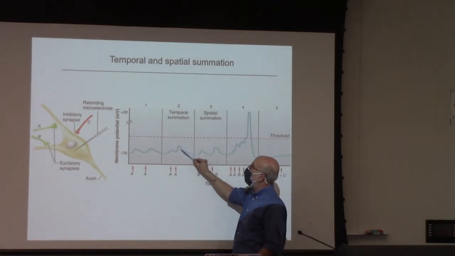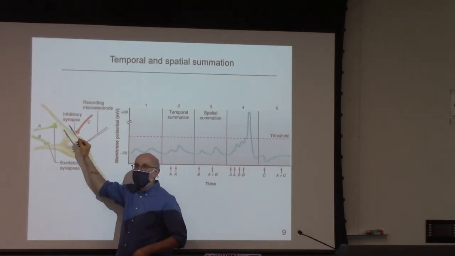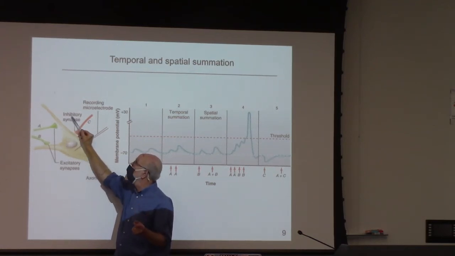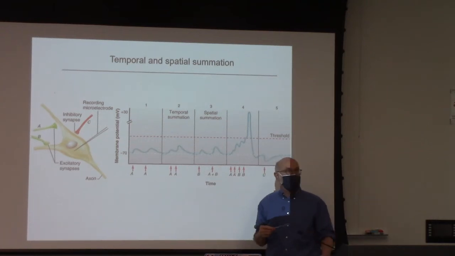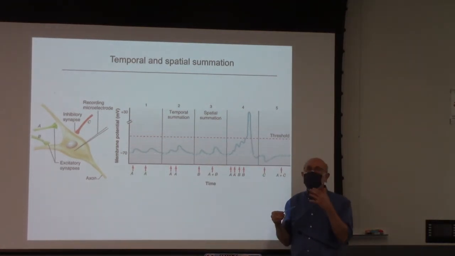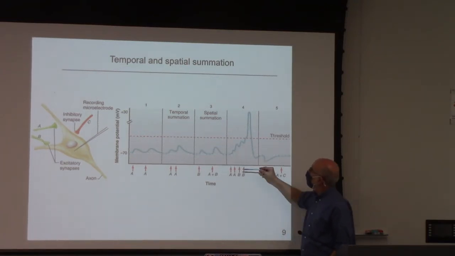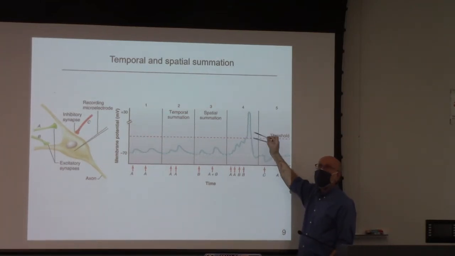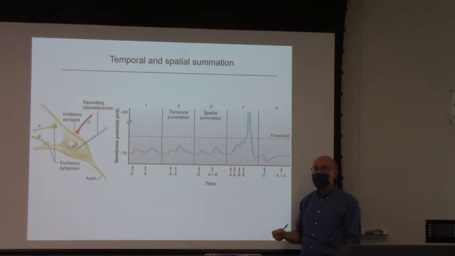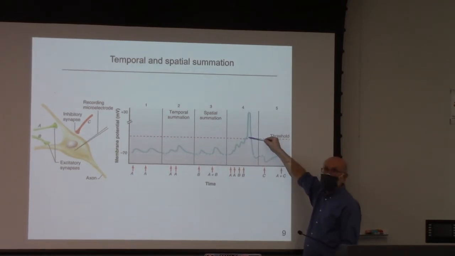So temporal summation is when one synapse fires on top of each other, and spatial summation happens when multiple synapses are causing EPSPs simultaneously. And so you can see we could have temporal summation and spatial summation going on at the same time, getting the cell to threshold, adding up, and triggering an action potential.